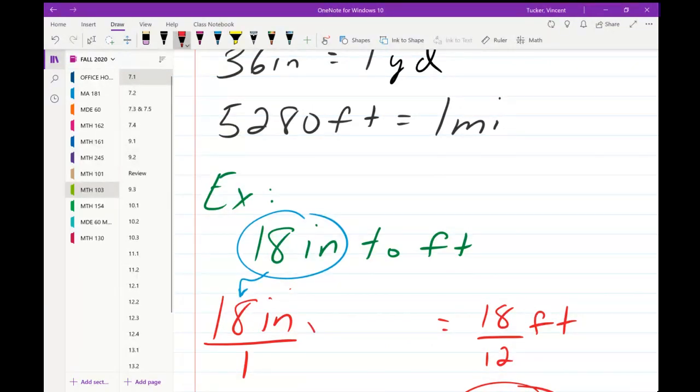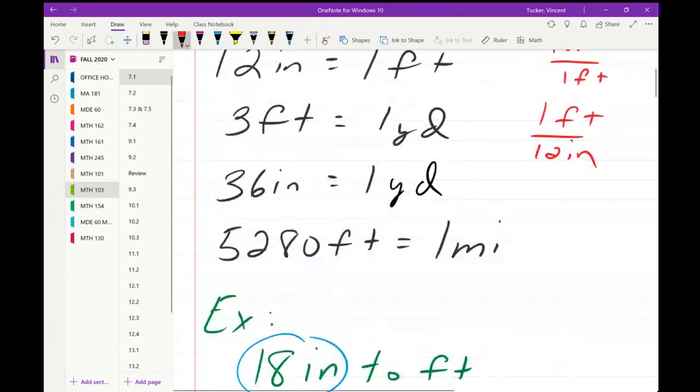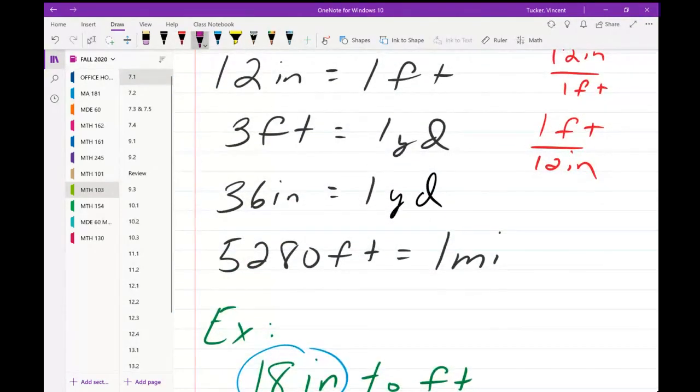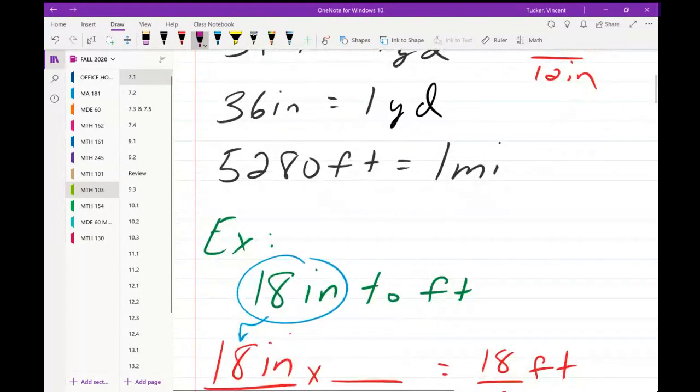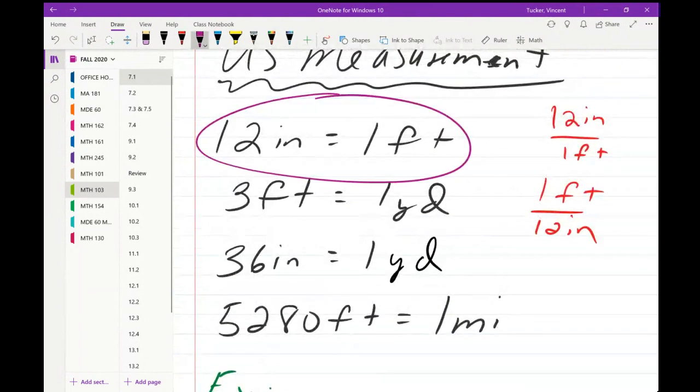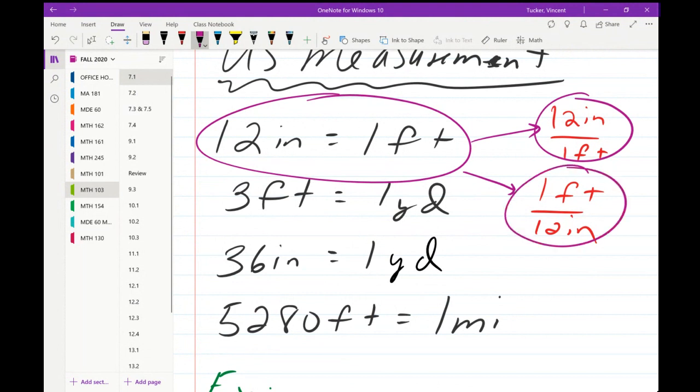Now we're going to multiply it times the conversion factor. Now what dictates first which conversion factor is the fact that we're going from inches to feet. So you want to look at the conversion factor that gives us that. And of course, that's right here. Then we will use it one of two ways. Either we'll do 12 inches over 1 foot or 1 foot over 12 inches.